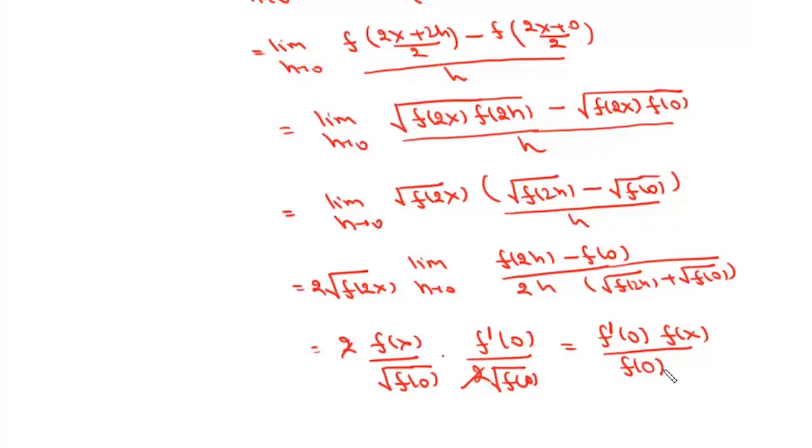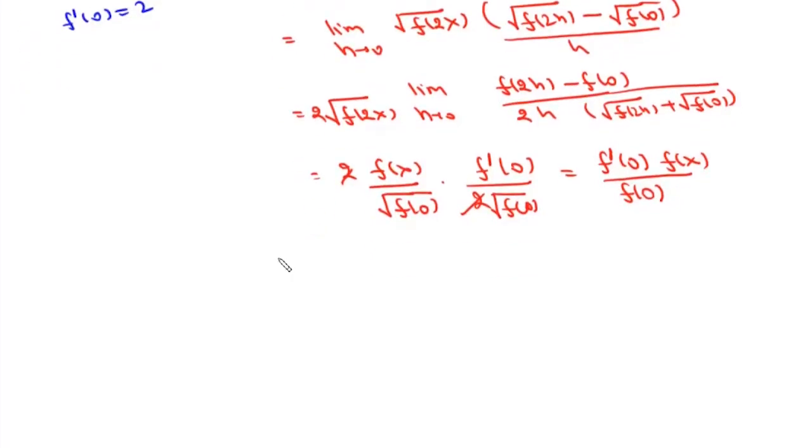And the question says f dash 0 is 2, so we'll put f dash 0 as 2. In this question, they are also supposed to provide the value of f 0. I think they have taken the value of f 0 as 1, so we'll take the value of f 0 as 1, and we'll say it is given in the question, because there is no way we can find the value of f 0 with the given condition.